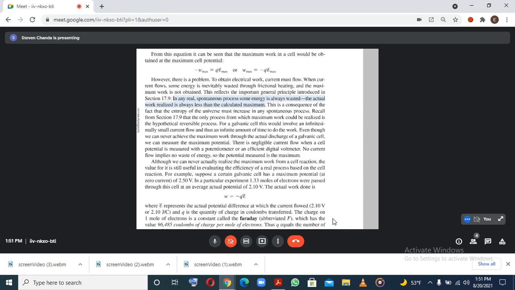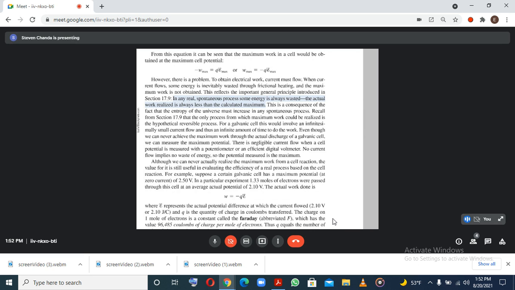And so that's why it's usually not possible for you to ever get the maximum amount of energy that a potential reaction is able to give you. This is simply because of the losses which are going to be happening in real time.